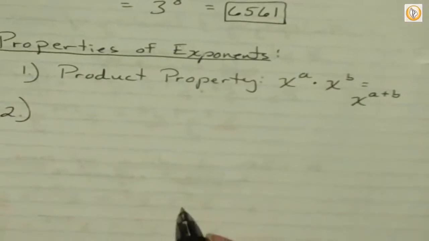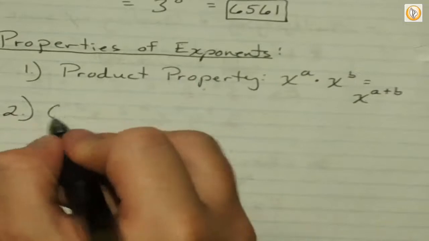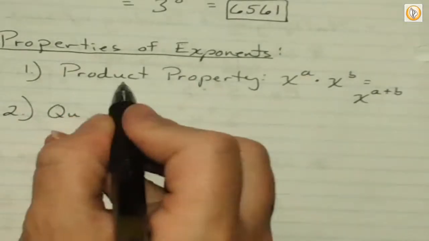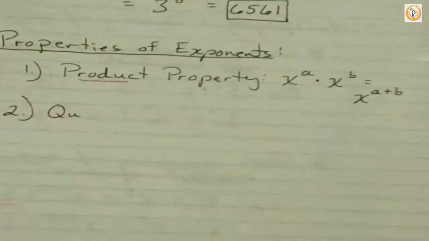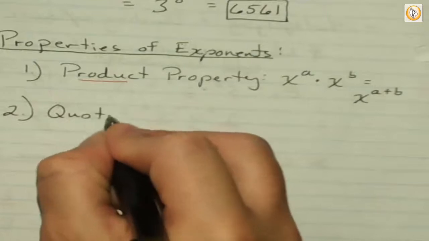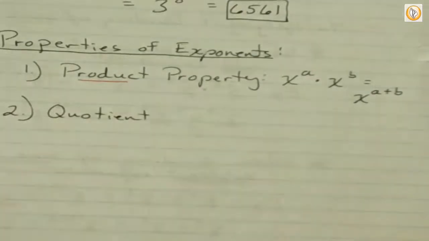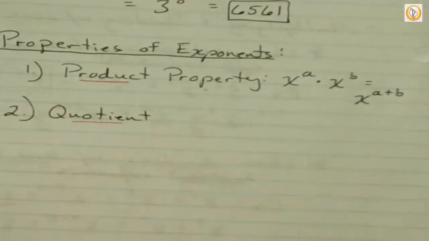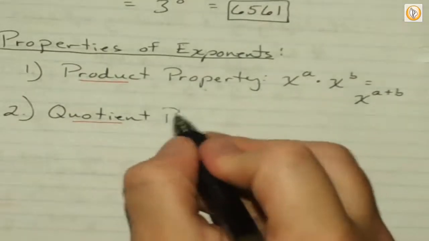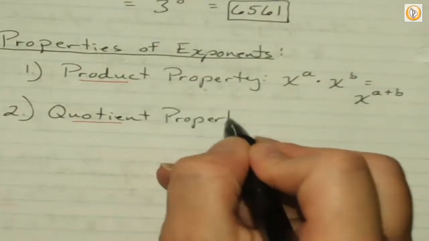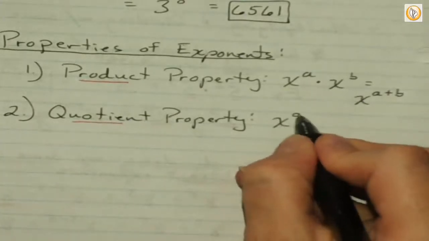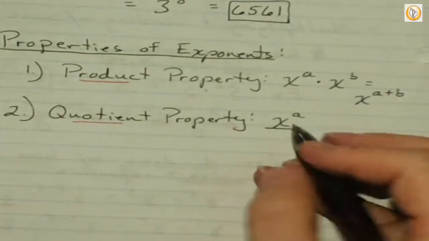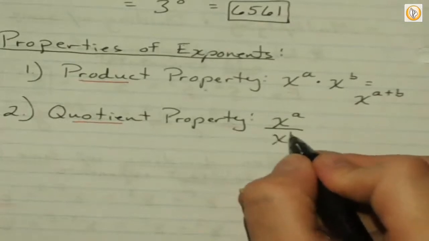Okay, second one is the quotient. Remember, product means what? Multiplication. And quotient means what? Division. So the quotient property is saying x to the a power being divided by x to the b power.